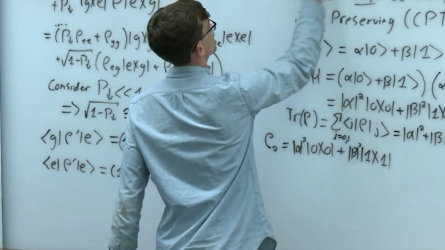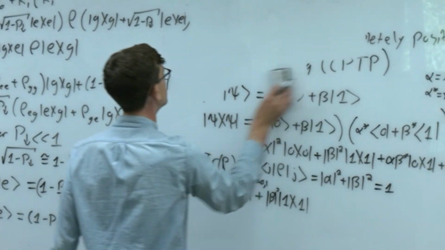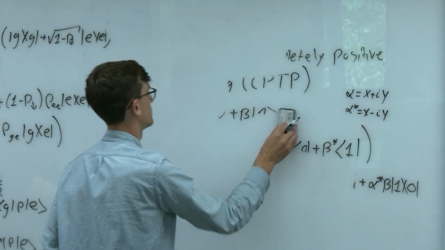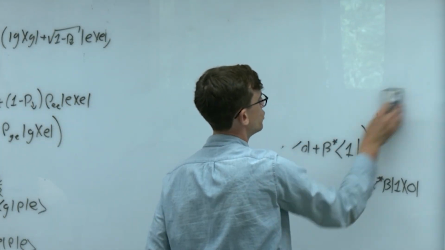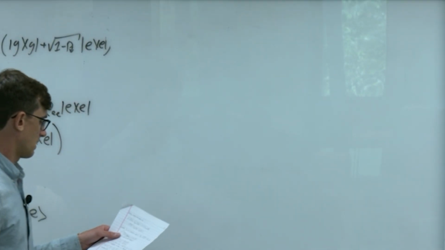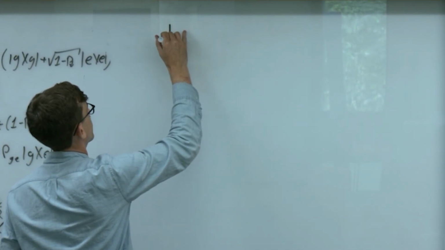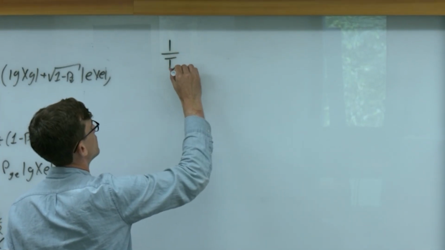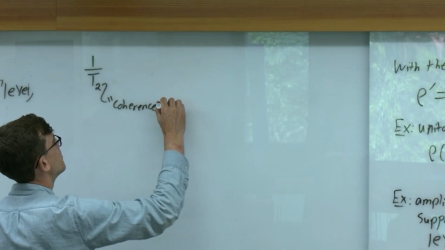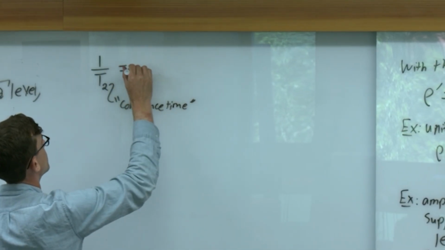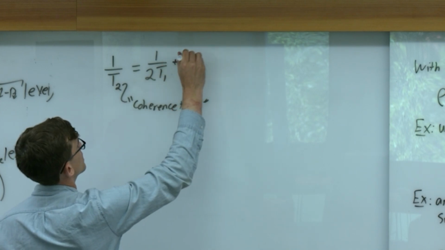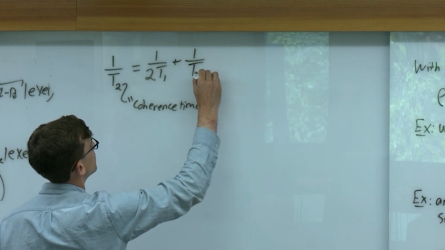And this is actually the same factor of 2. If you're familiar with coherence times of qubits, people always talk about T1 and T2, so very obscurely named quantities. But in this expression for the so-called coherence time, T2, this is given by 1 over T2 equals 1 over 2 T1 plus 1 over T phi.